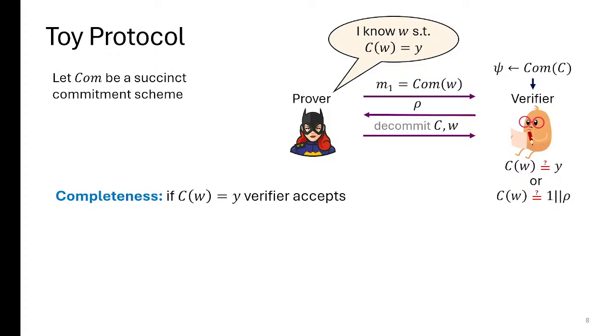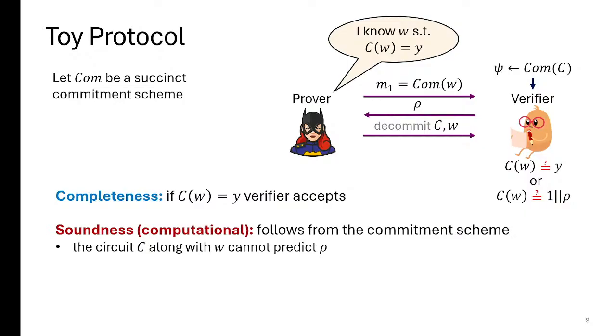So first of all, this protocol is complete. If C of W equals Y, then the verifier will accept. All right, so it's fine. Why is this sound? It's computationally sound, and it follows from the commitment scheme. If the commitment scheme is binding, then the prover can't open something that it didn't commit to. So it committed to some C and some W, then rho was chosen.